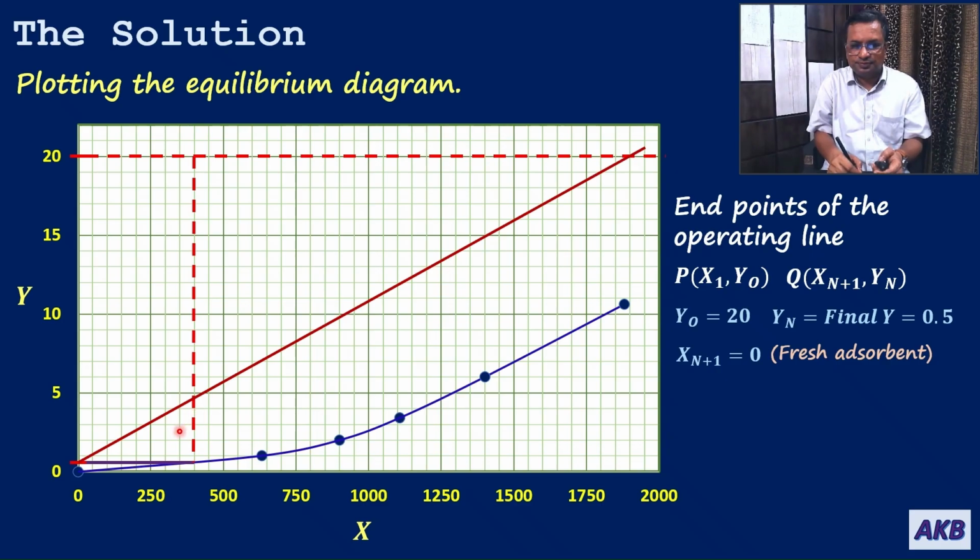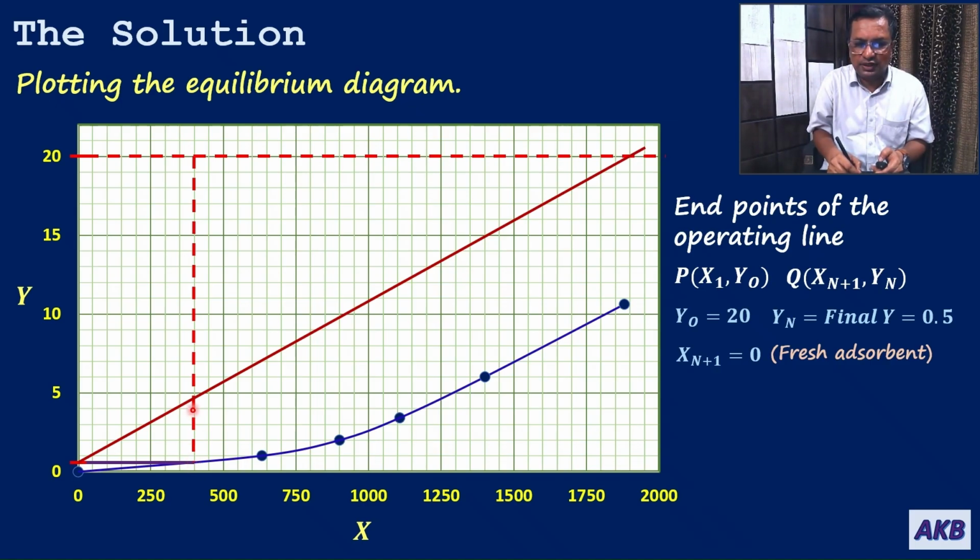So first, let us say that I draw this operating line, and after drawing it, I am going to check whether this line is the true operating line or not. For that, I will complete this stage. I have traveled a horizontal distance and reached this point.